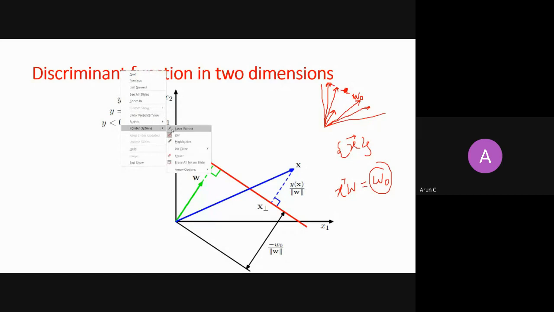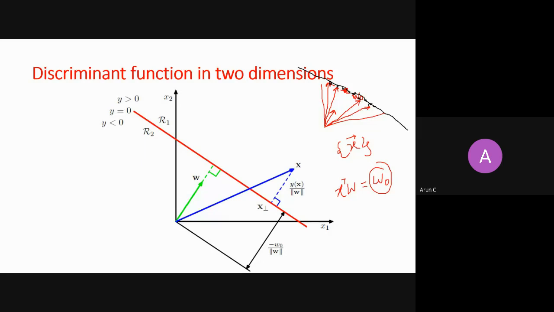So I have infinite points: this is point 1, this is point 2, corresponding to another x, and there are millions of x whose projection is equal to W0. Once I join these points, I will get a line.